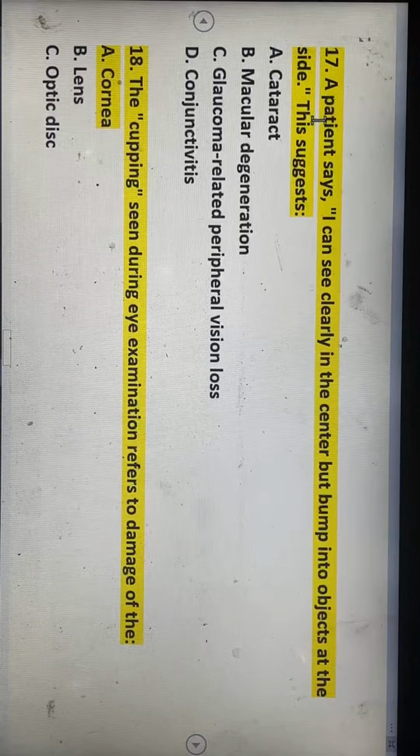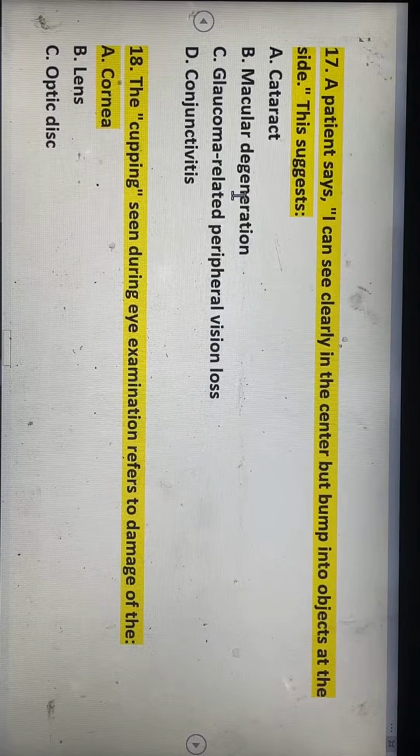This suggests A, cataract, B, macular degeneration, C, glaucoma related peripheral vision loss, and D, conjunctivitis. Now, if you choose D, you are wrong. If you choose C, you are correct.